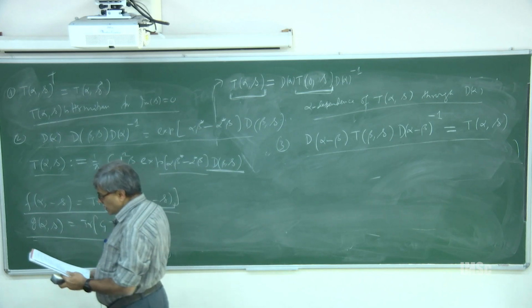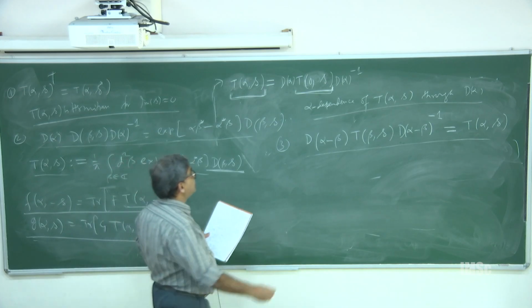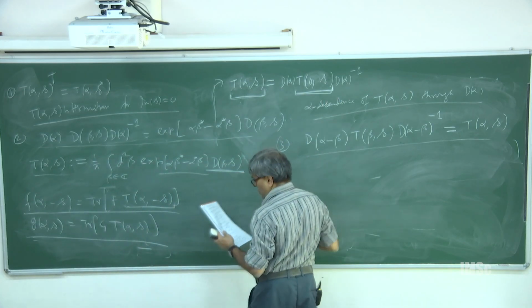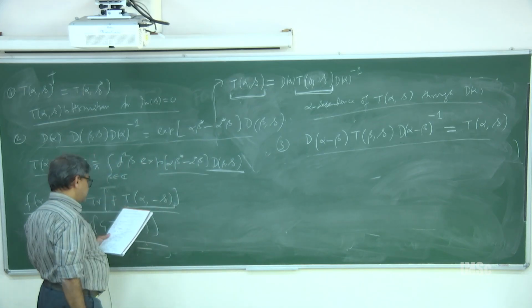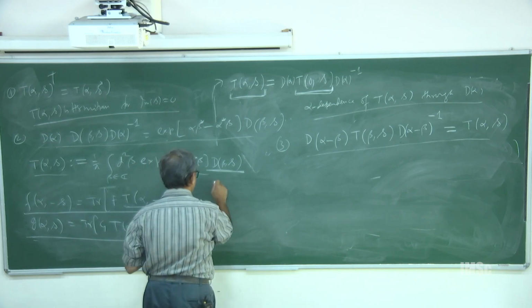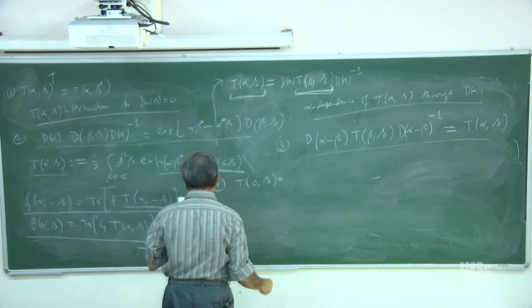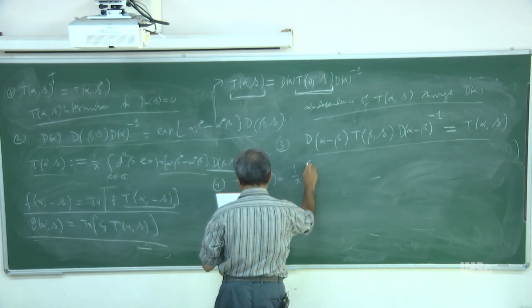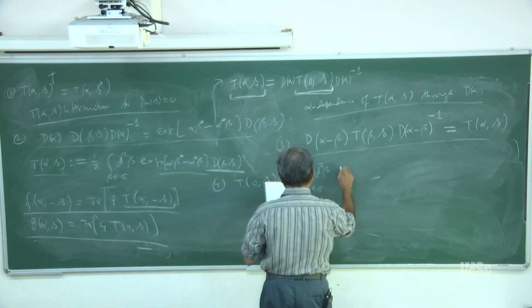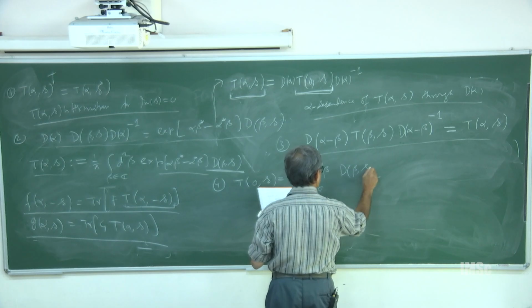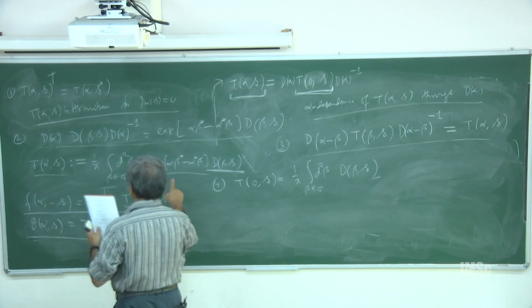And now, what we need is the structure of T of 0 s. How does it look like? So, T of 0 s is the Fourier transform of d of beta s, because in the Fourier transform you remember this is your expression.